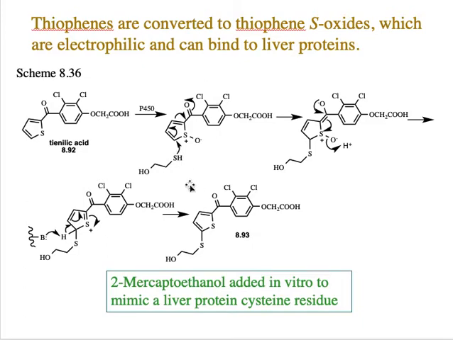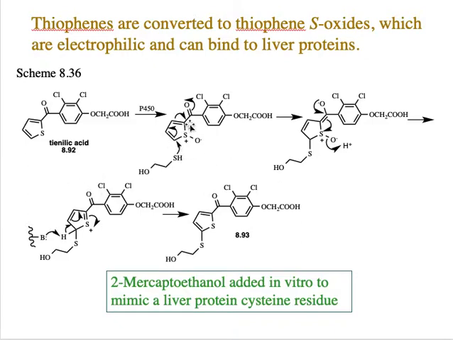What they showed is that with cytochrome P450, any liver protein that's got a cysteine is going to act as your biological protein nucleophile and do nucleophilic attack on this thiophene. This thiophene ring now has this ylide structure.